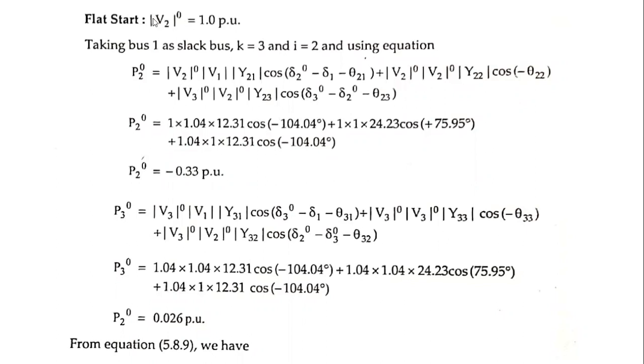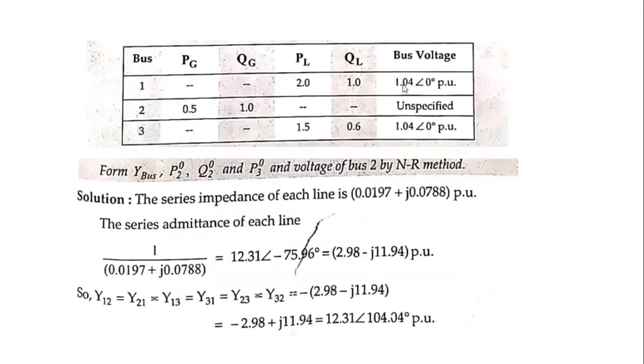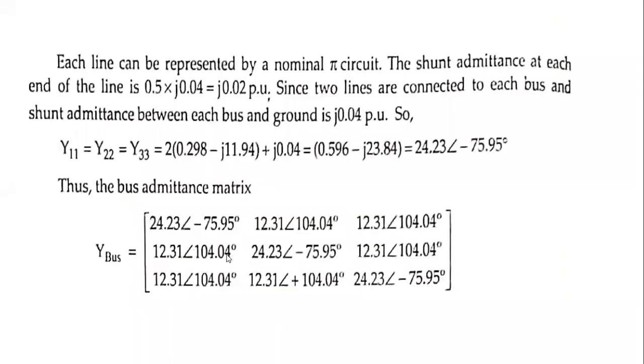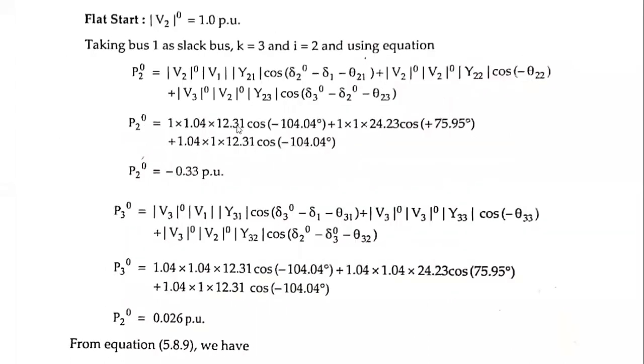Flat start, V2 of 0 is taken as 1, into V1, which is given in the table as 1.04 at an angle of 0, into Y21, which is 12.31 at an angle of 104.04. Next, cos of delta 2 naught minus delta 1 minus theta 21.